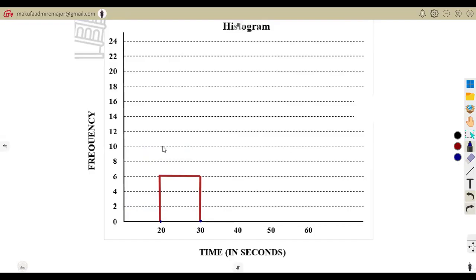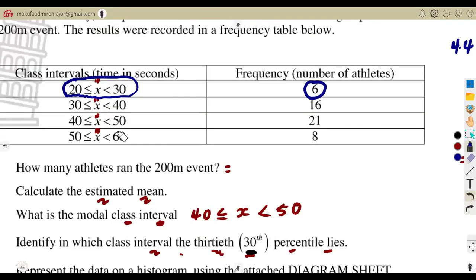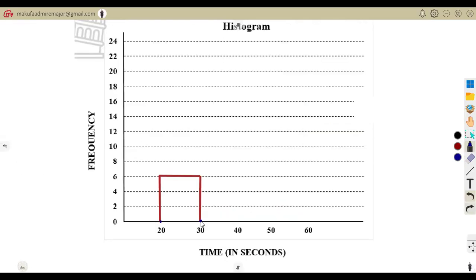Another one that you're given, 30 to 40 versus what? 16. It must go up to 16. It's a continuation from 30 to 40, but it must go up to 16. So you can just continue with this bar up to 16 here.